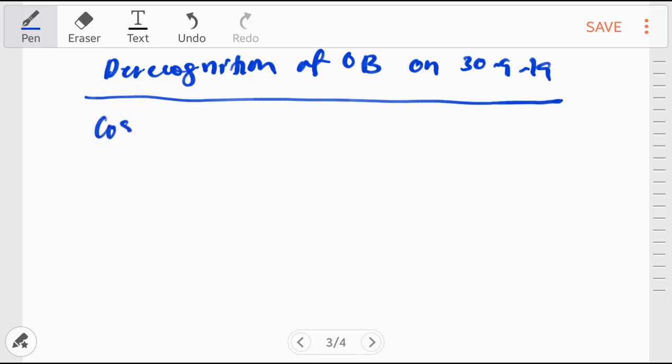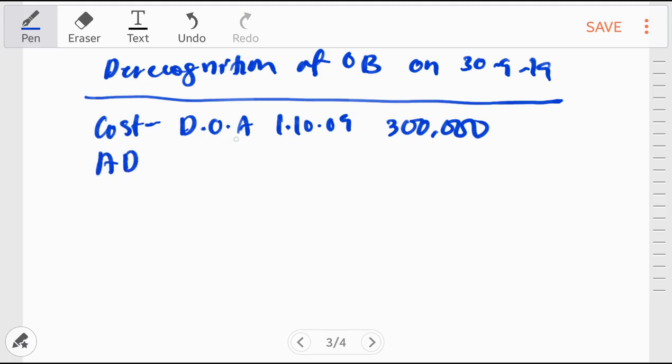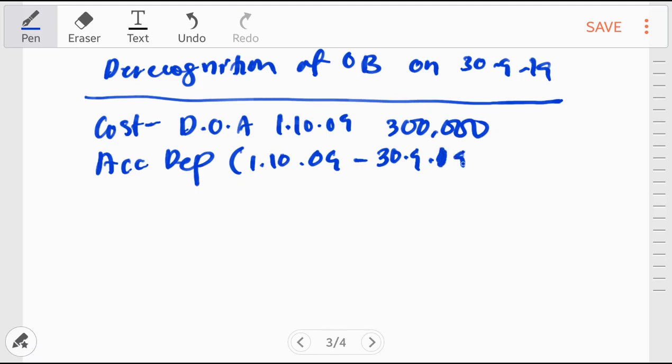The cost of the office building on the date of acquisition, 1st of October 2009, was 300,000. The accumulated depreciation right before being disposed is from 1st of October 2009 up till 30th of September 2019.